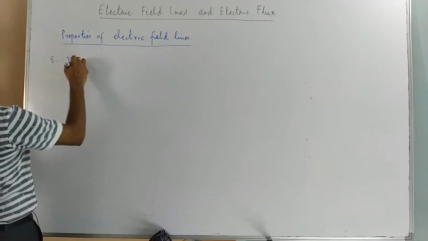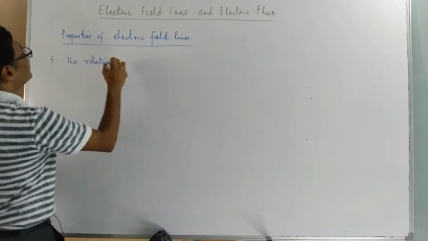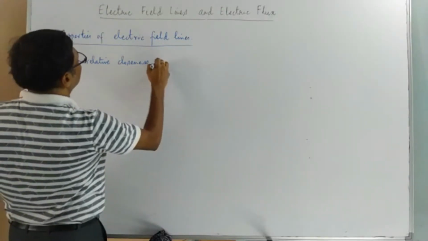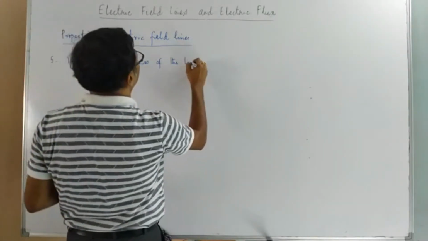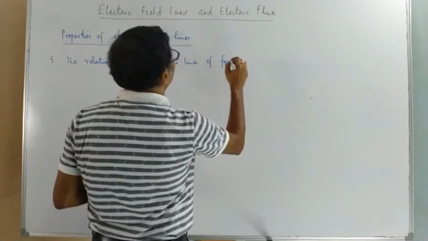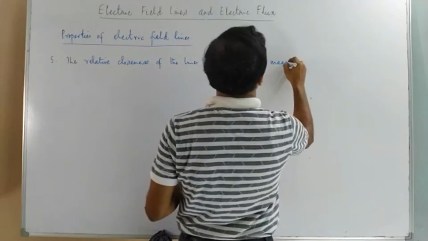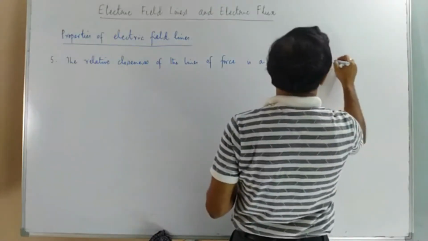Number 5, the relative closeness of the lines of force is a measure of the strength of the electric field.